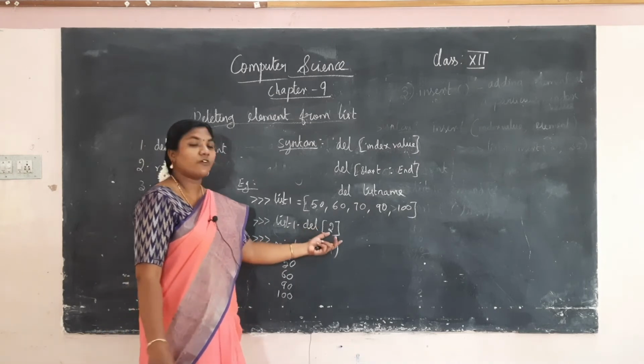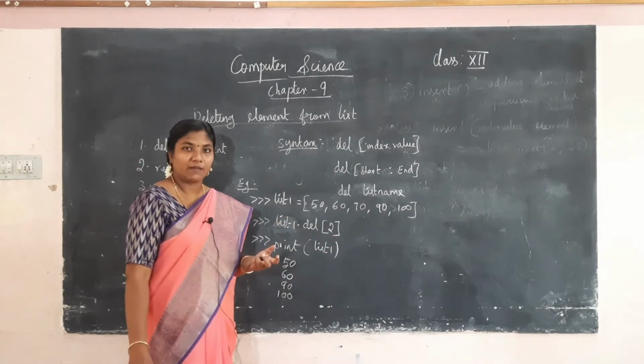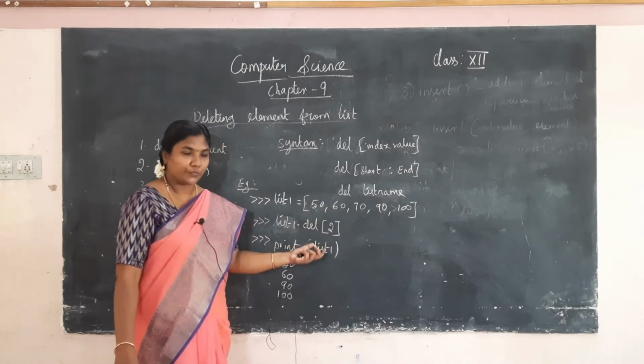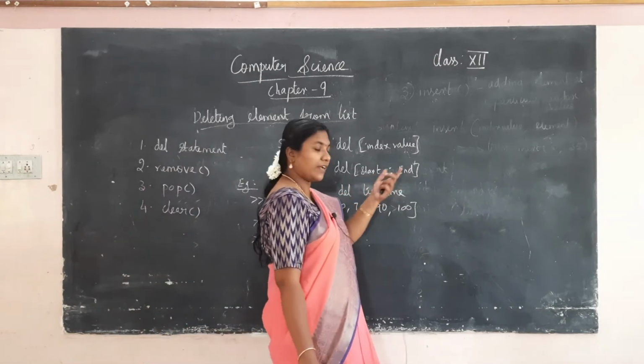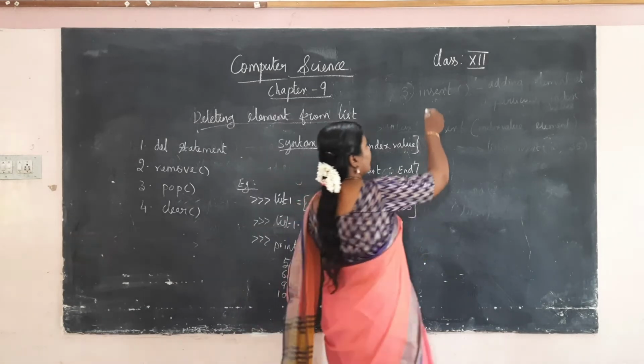So this is for deleting only a particular element whose index is known to you. And next, the start to end.